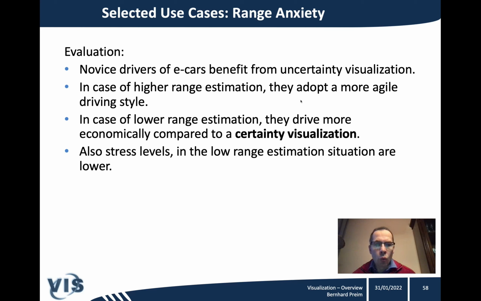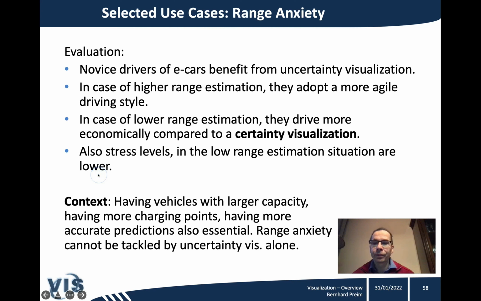In case of a lower range estimation, that was the scenario with the 30 miles, they really do a lot in order to drive more economically. And the stress level is higher in the low range estimation. That's an error in my slide. It is higher.